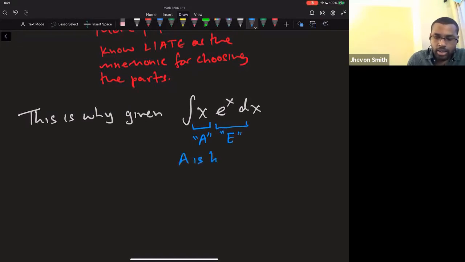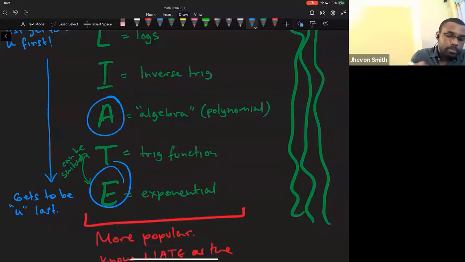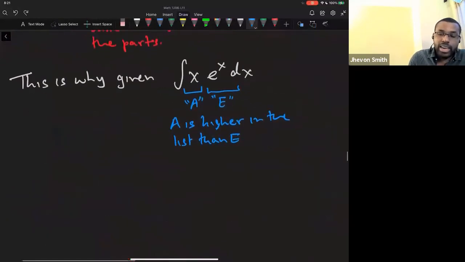A is higher in the list than E. Right? Because in Liate, the A comes before the E. So the A gets to be the U.